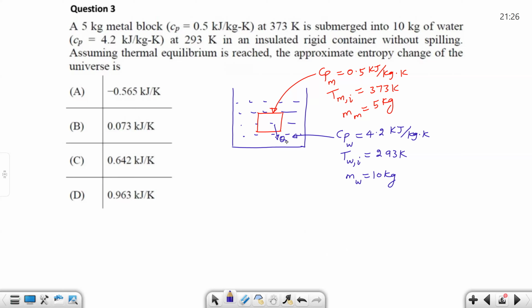In thermal equilibrium, both temperatures change to the final temperature. These two final temperatures will be the same because finally it will be at equilibrium. So we can do the energy balance first.